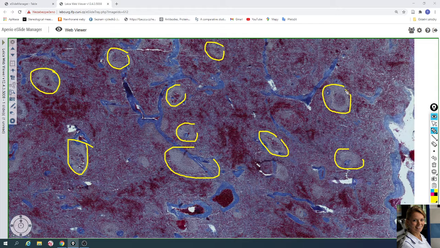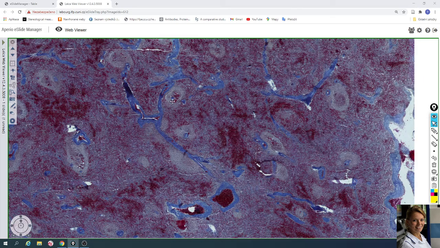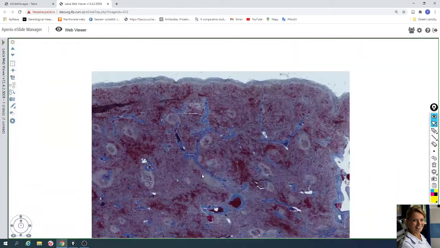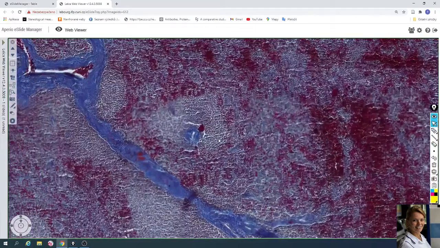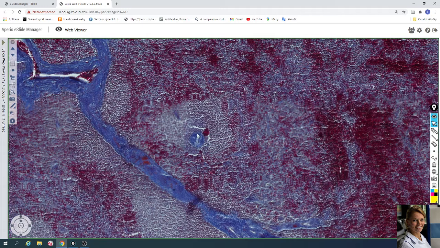So this is the white pulp, and between the white pulp you can find the red pulp of the spleen. The white pulp, or lymphatic follicles, contains a central artery. It's an eccentrically located artery in the Malpighian body.